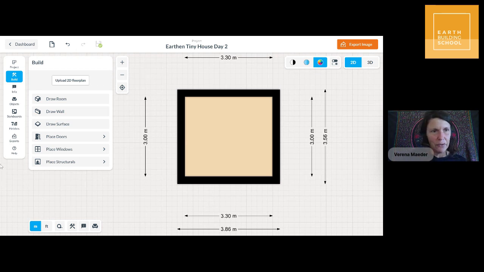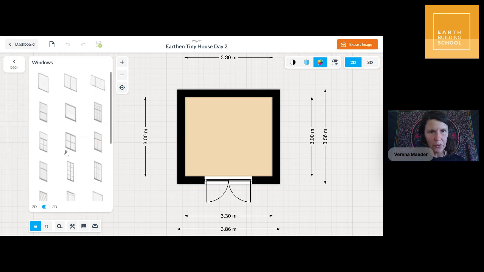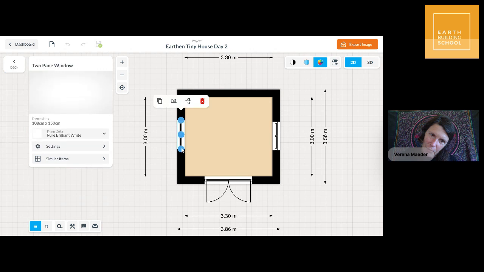And then in Floor Planner, you have the options of then placing doors over here. So let's say we're just grabbing a French door here, and then you can go over and place windows, and you're just placing 2 simple windows here. And then what this allows you to do is it allows you to play with the size here.